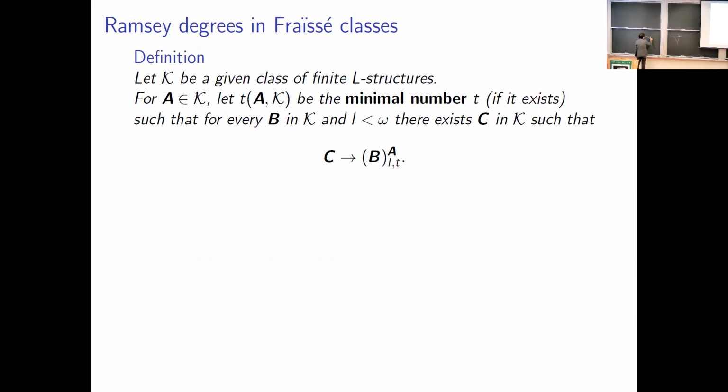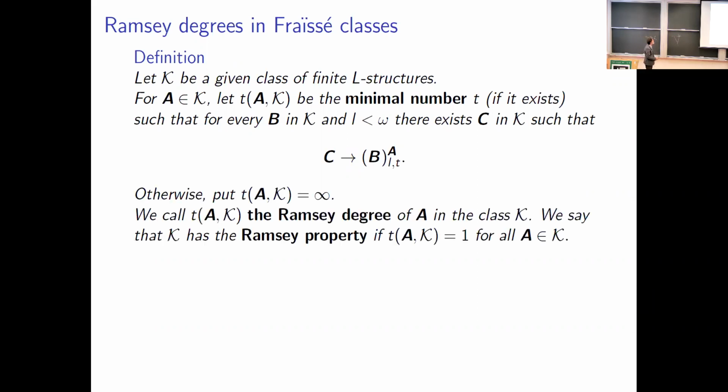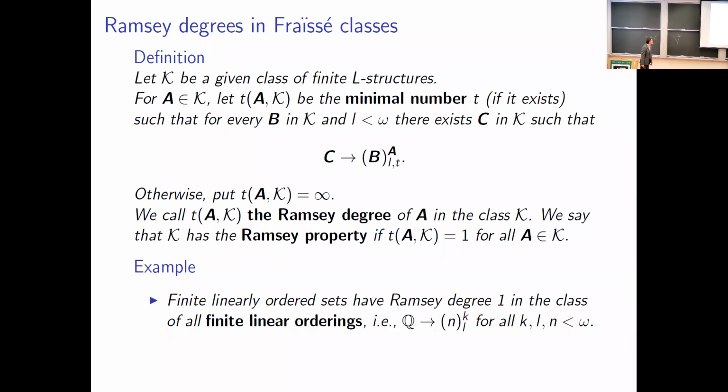In other words, there is a square bracket version of this with some number T of A. We are very much interested in this example, because this example is going to give us a representation. Otherwise, infinity, Ramsey degree, etc. This is a Ramsey class if it is one, all standard. And it's very convenient to write this in terms of the limits, not to have it be finite.